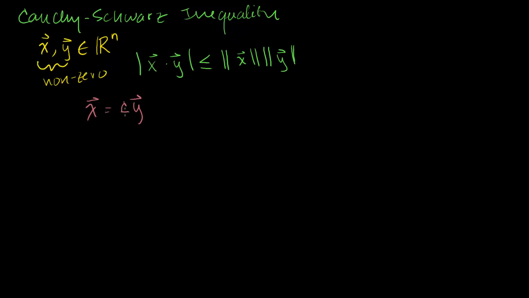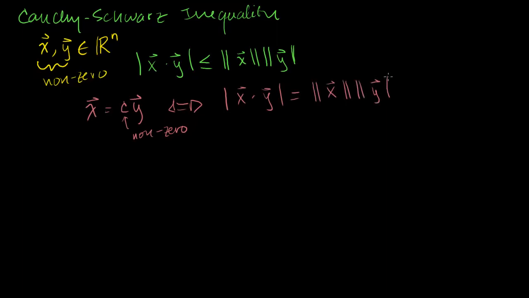But if you want, you could say that c is also non-zero, but that essentially just falls out of this information. If and only if this is the case, then the absolute value of the dot product of the two vectors is equal to the product of their lengths.